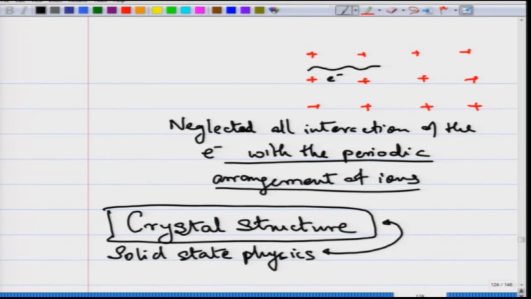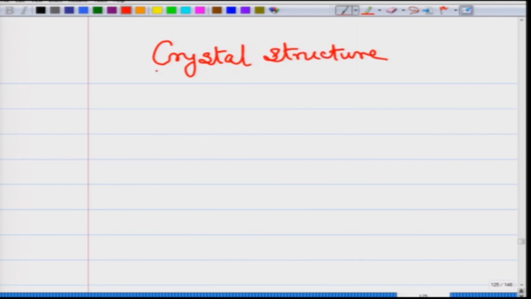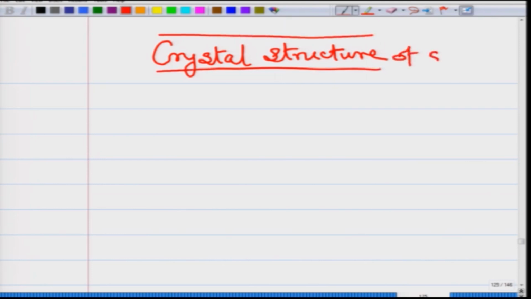And so, understanding a crystal structure is very important, and that is going to be our next topic of investigation. So, we try and study the crystal structure of solids.